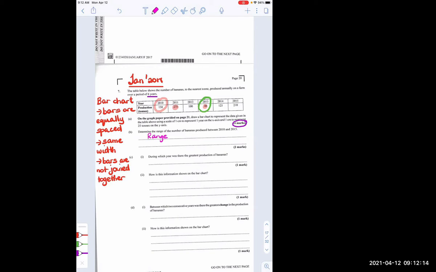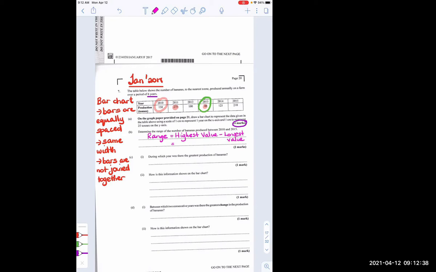I believe it is the highest value take away the lowest value. Yeah. Very good. The highest value minus the lowest value. So somewhere in some part of your brain, you put that formula and remember it, right?